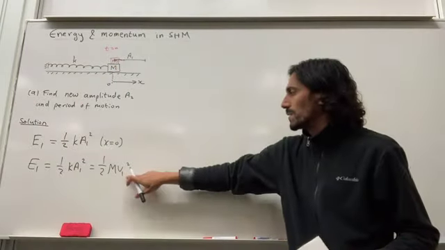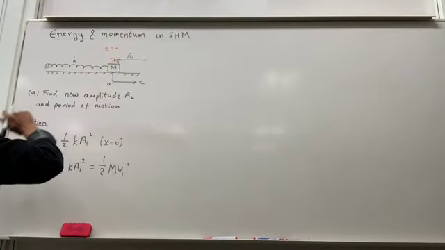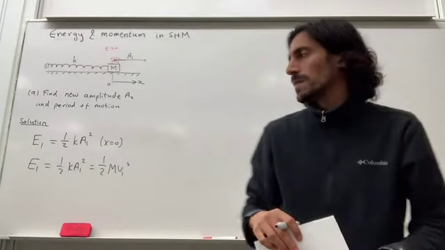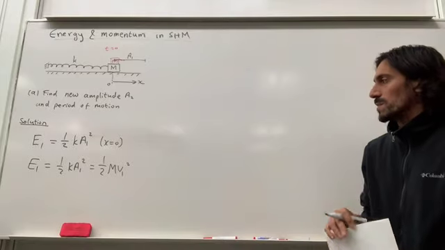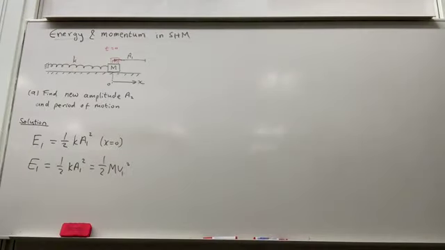So if v1 is the velocity at time t equals 0, that would be the kinetic energy at x equals 0. And these two quantities have to be equal.